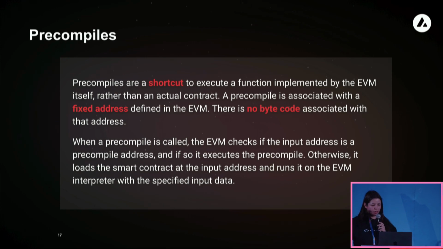We will see an example in the next slide. Whenever this address is called by any application, the EVM will know it's a precompile and will not load any bytecode. In contrast, if it's not a precompile, then it loads the bytecode and interprets it.